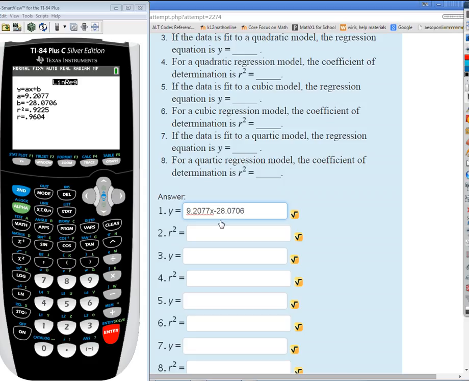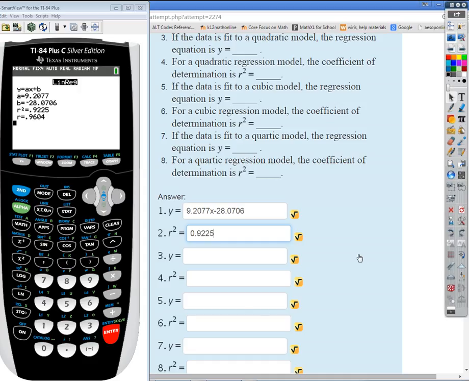And r squared, the coefficient of determination, is what? It's 0.9225. Always lead with a 0. And we're off to the next model, which is the quadratic model.